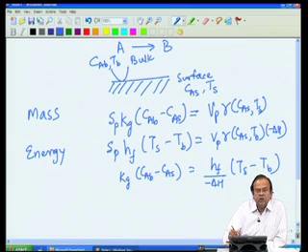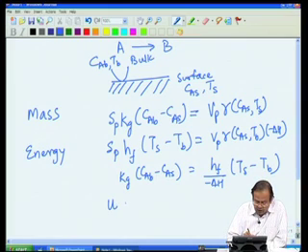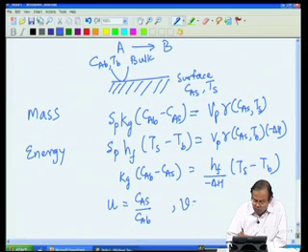So, just combine this mass and energy balance together. Just as we did earlier, let us define our dimensionless concentration as CAS by CAB, so that everything goes between 0 and 1, and TS by TB.